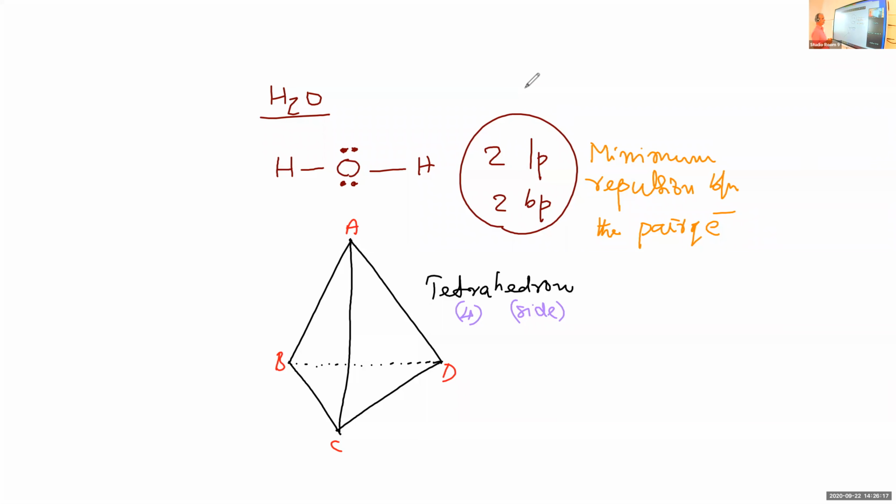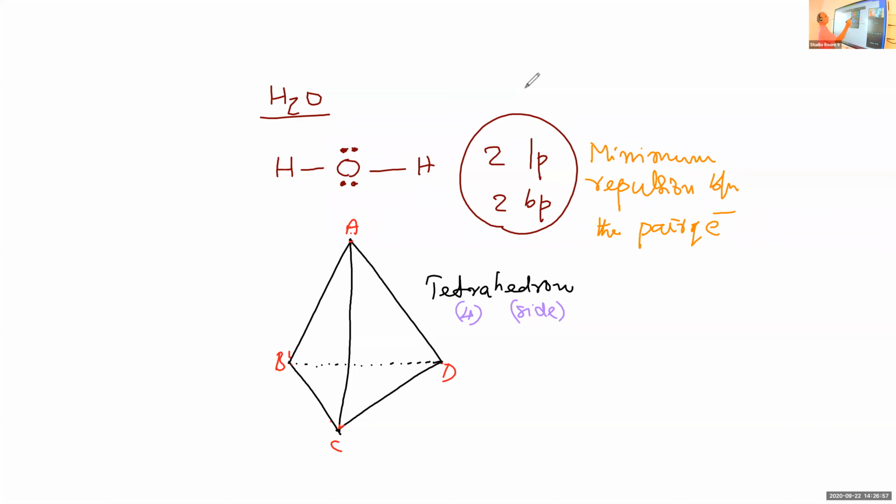Consider ABC, it is this side, the left side. You consider ACD, that is the right side. Then you consider ABD, that is the back side. And you consider BCD, that is the base of the figure. So there are four triangular sides joined together, and such a structure is called a tetrahedron.